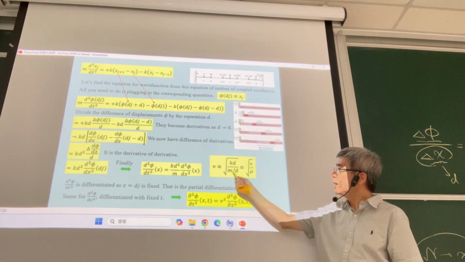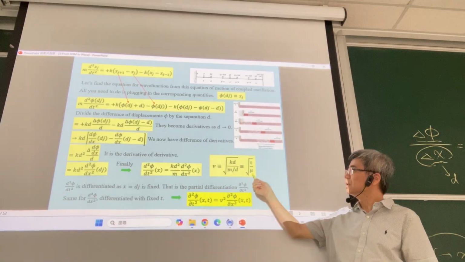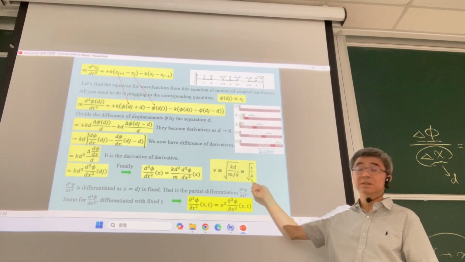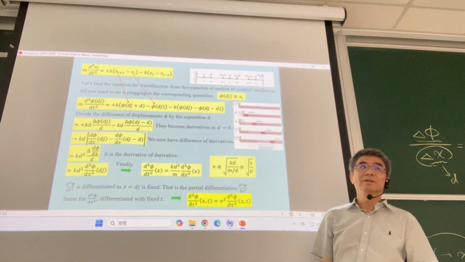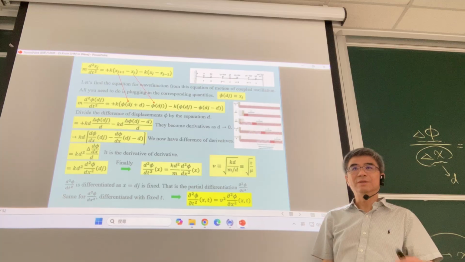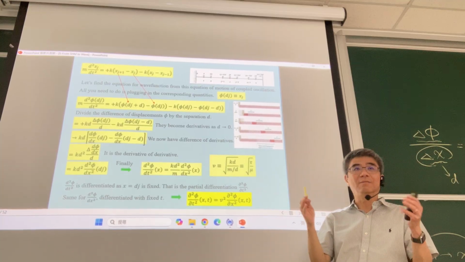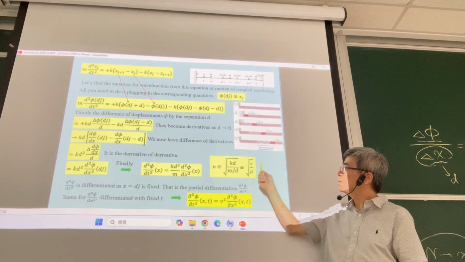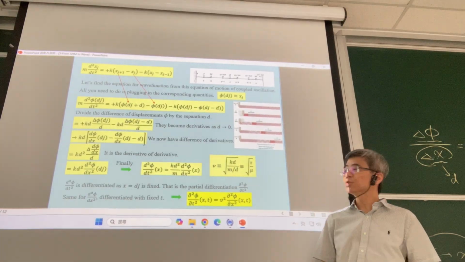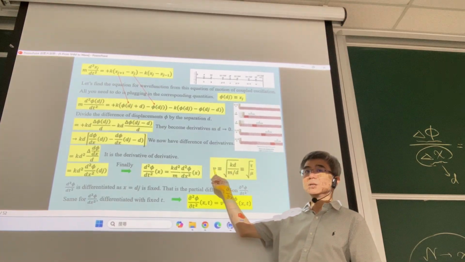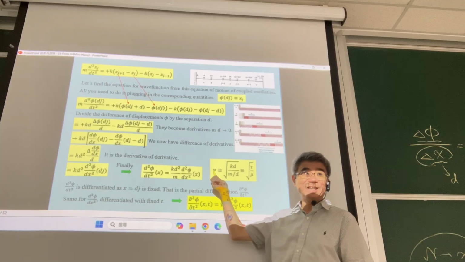Look carefully, m over d is just the mass per unit length. And this k times d will be defined as tau, which corresponds to the elasticity of the particle. So this square root of complicated expression, I will call it v, the wave speed.